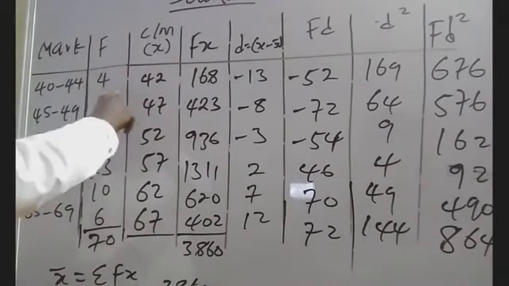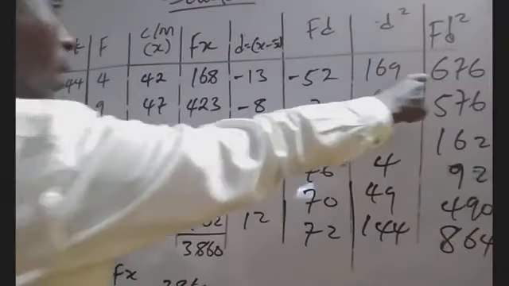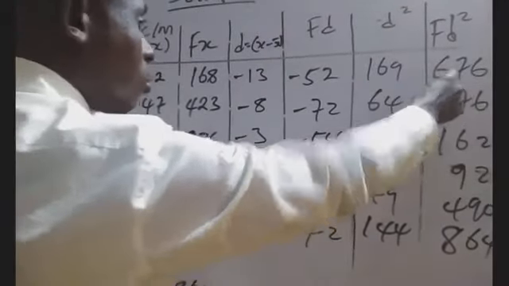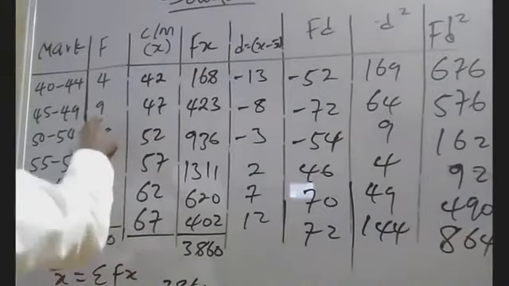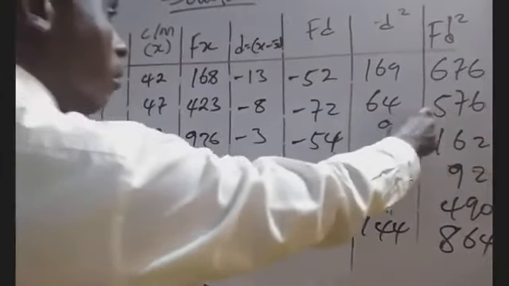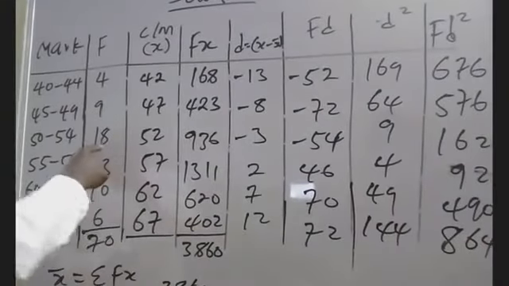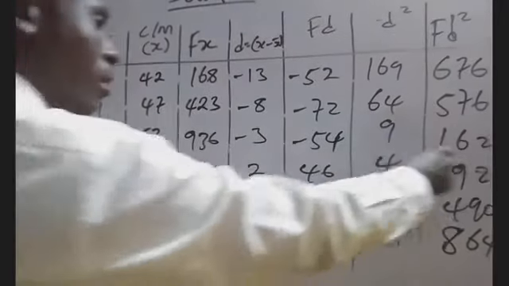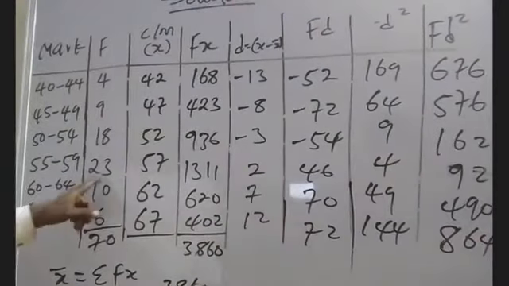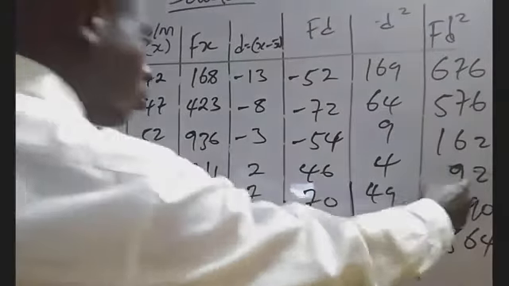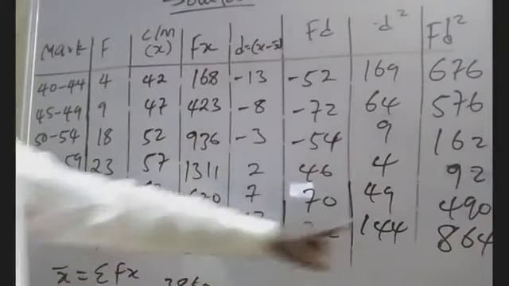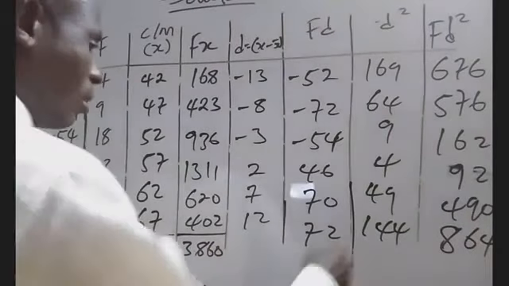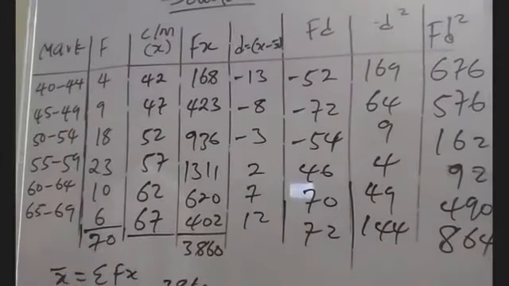That will give you 4 times 169 to give you 676. 9 times 64, 576. 18 times 9 is 162. 23 times 4 is 92. 10 times 49 is 490. Then you have 6 times 144.